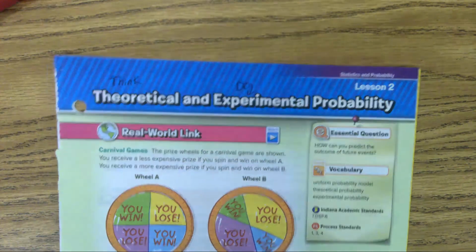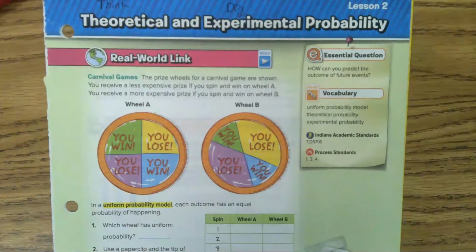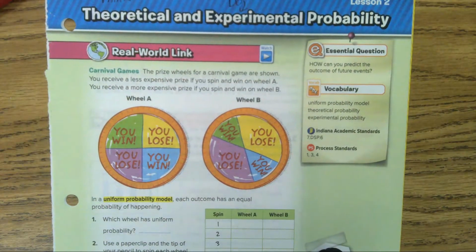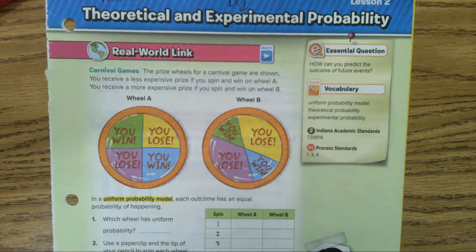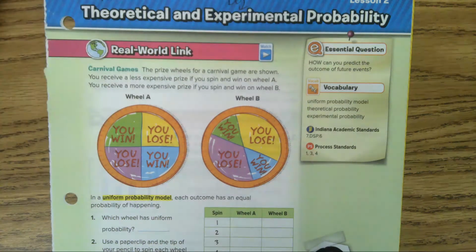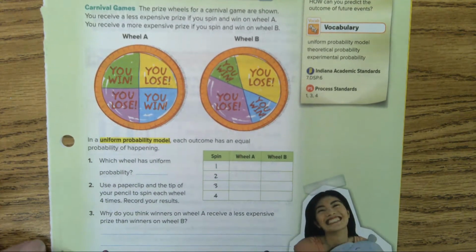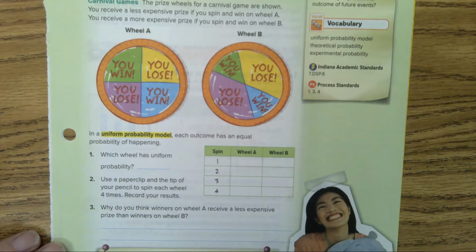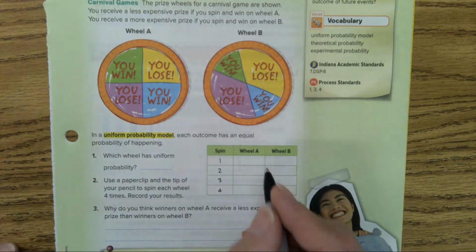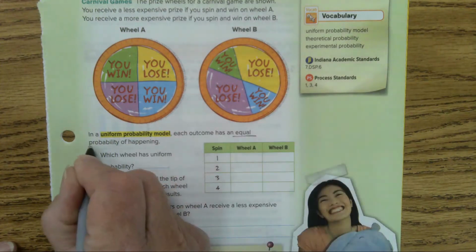All right. Carnival Games. The prize wheels for a carnival game are shown. You receive a less expensive prize if you spin and win on wheel A. You receive a more expensive prize if you spin and win on wheel B. In a uniform probability model, each outcome has an equal probability of happening.